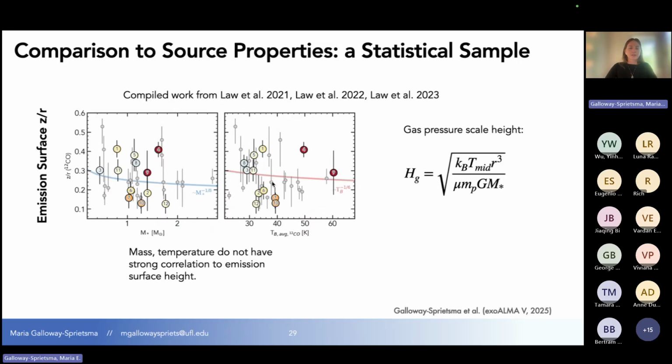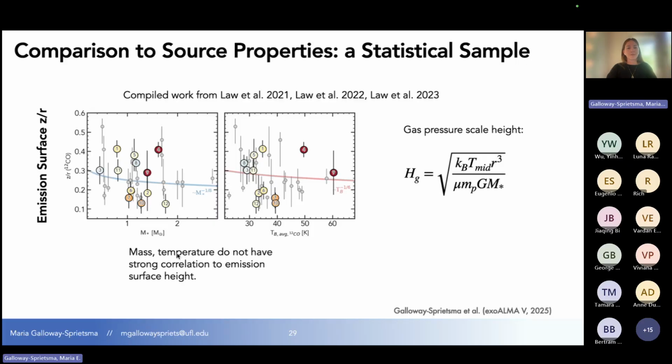One of the first things we did was to compare Z over R to the stellar mass and the average 12CO temperature. These plots are compiled with data from Charles Law's works, including the MAPS disks.